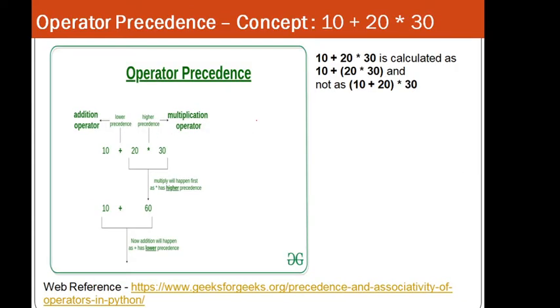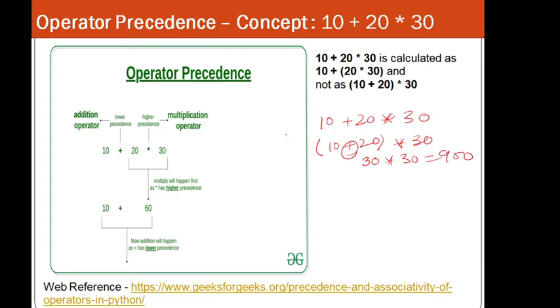So look at this example: 10 plus 20 multiplied by 30. You can solve it in two ways. First, you solve 10 plus 20, putting it in brackets, which means this plus will be solved first. So the answer is 30 multiplied by 30 equals 900.